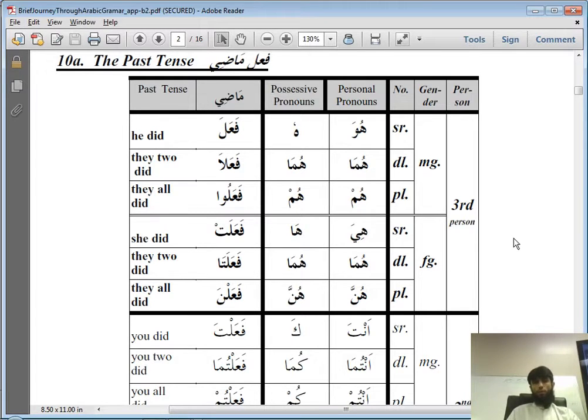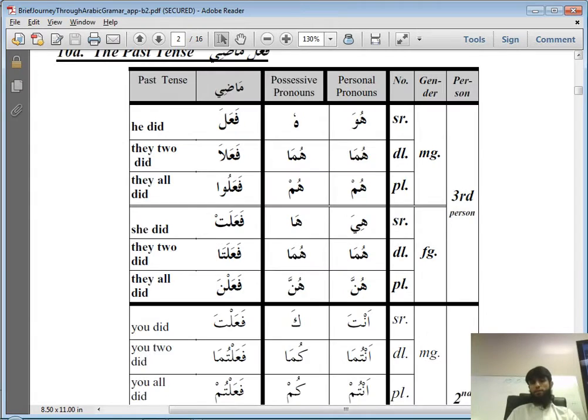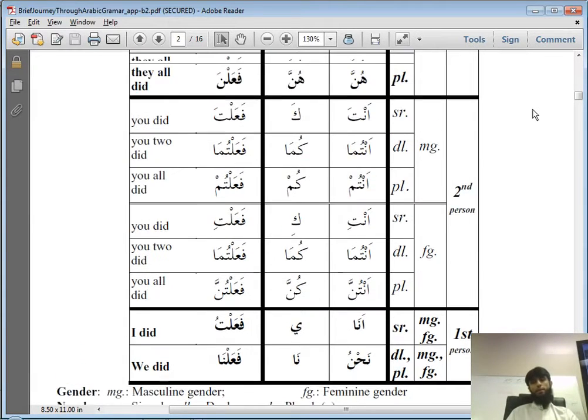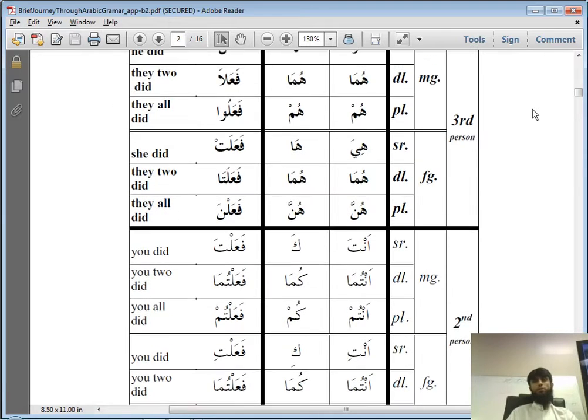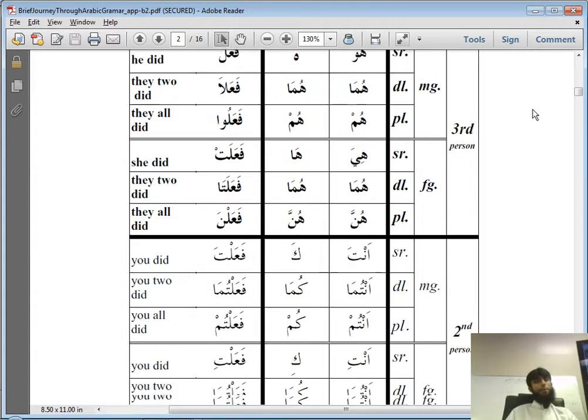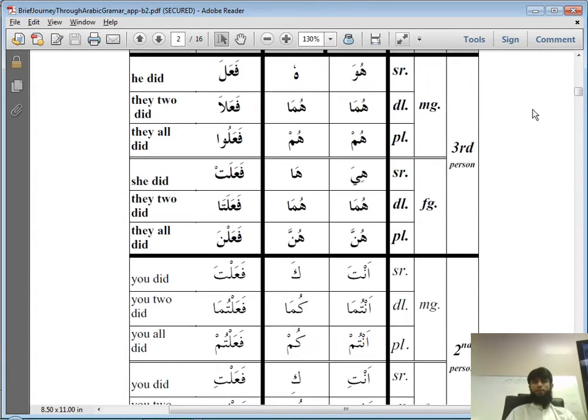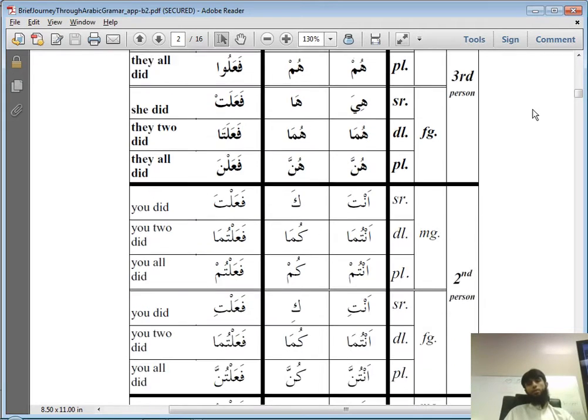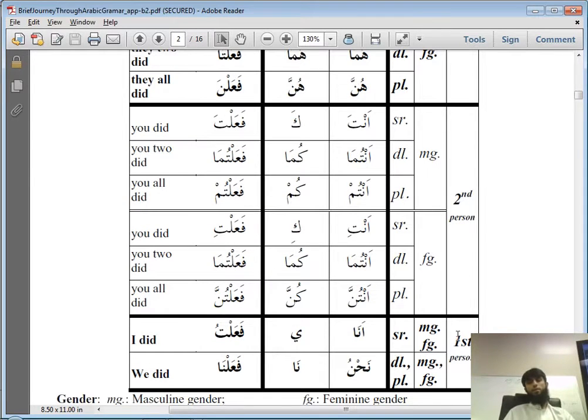Okay. So what we have in this chart is what you might have already heard through the various lectures that you've gone through, what we keep calling third person, second person, and first person. When we are communicating, usually there are 3 types of person involved. The one who is talking is called first person, right?